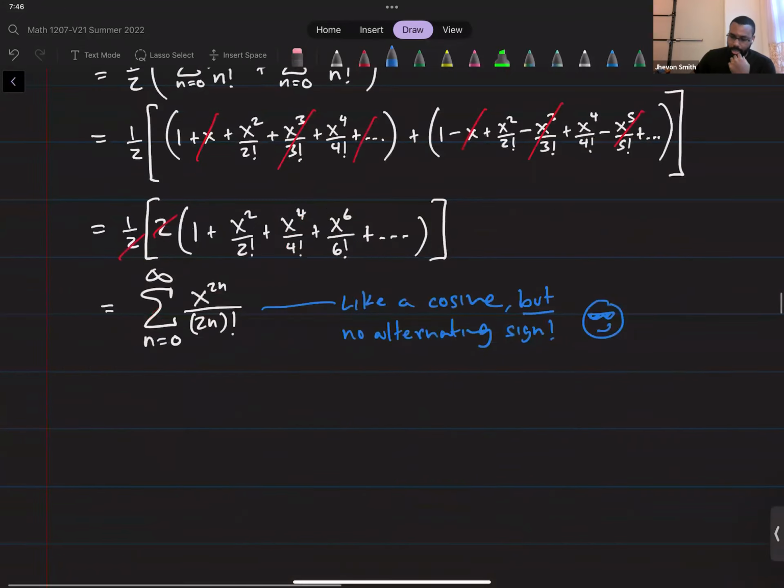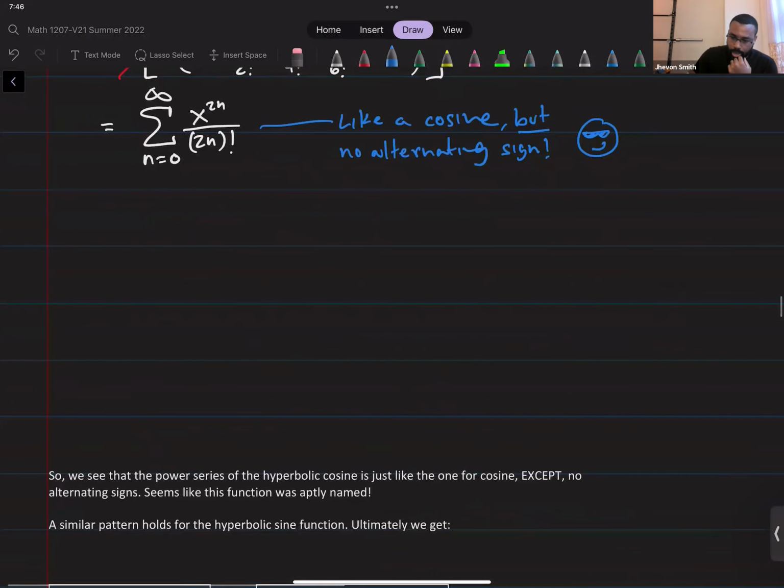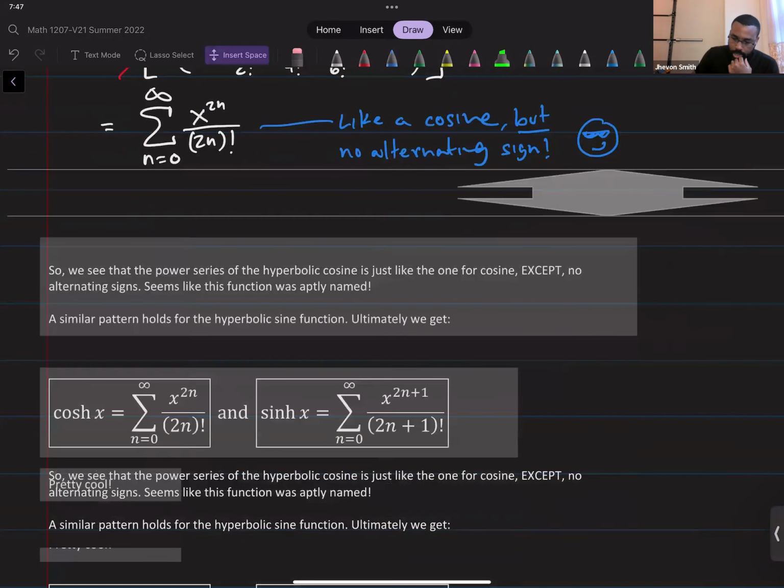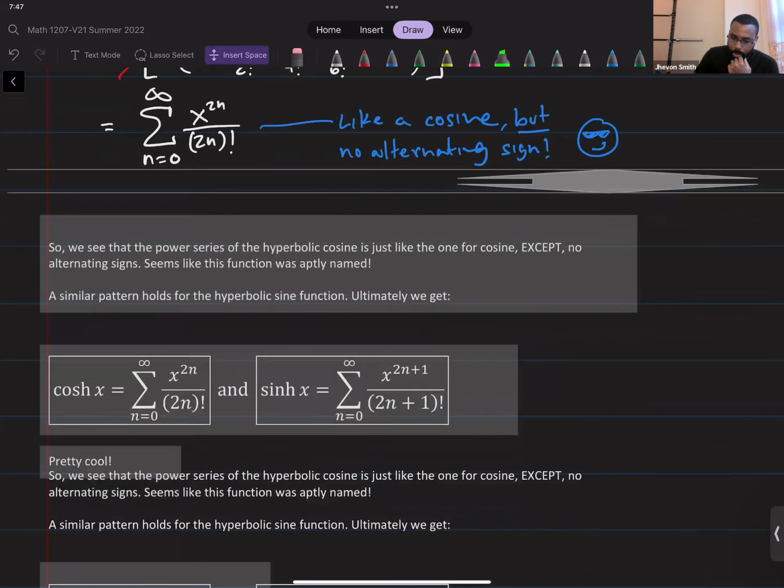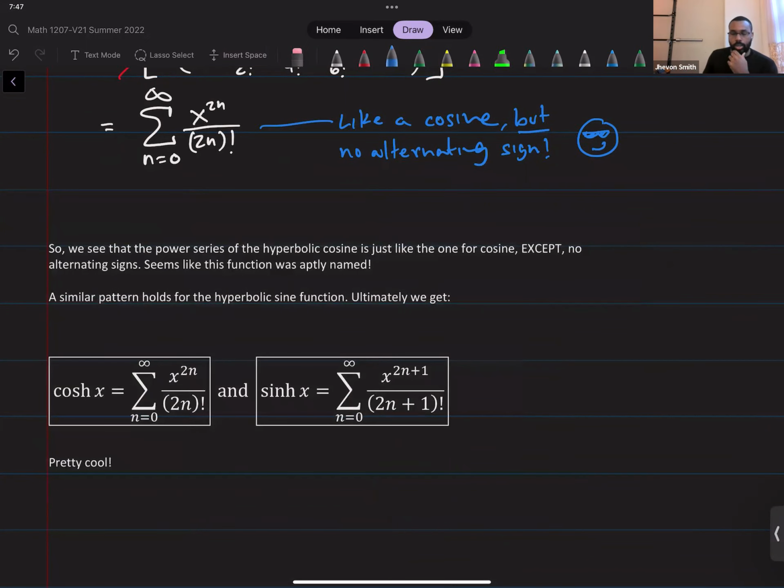And in fact, you could derive that in general. You'll notice that the hyperbolic sine also looks very similar to a regular sine, except there's no alternating sign. The tangent and the other guys would actually be similar. So if you know the series for the regular trig functions, the series for these guys actually fall in line pretty easily, which then makes you realize that, oh, they were very aptly named.